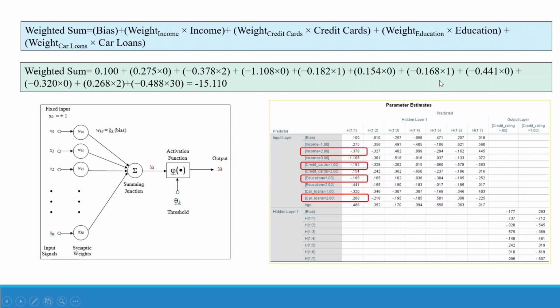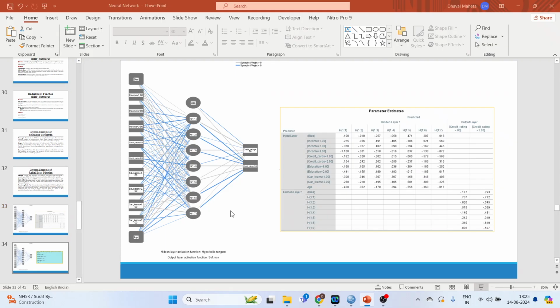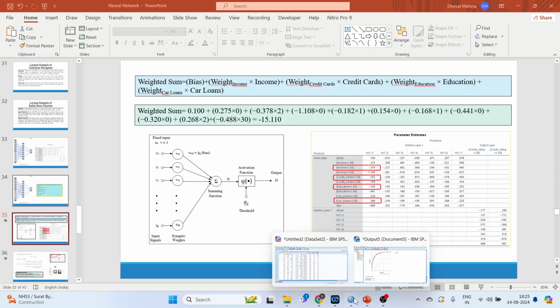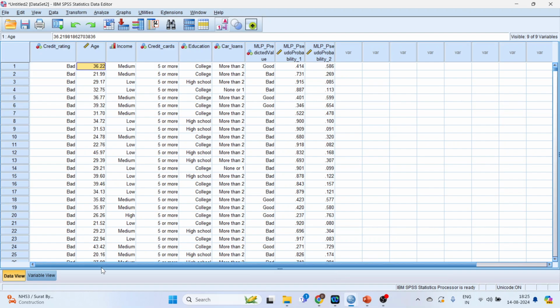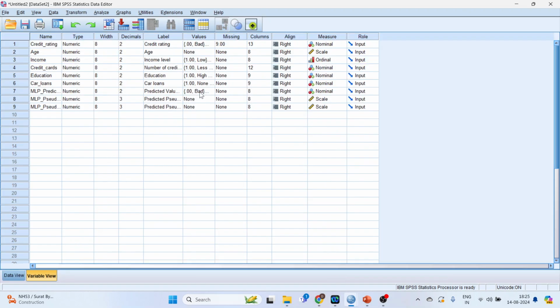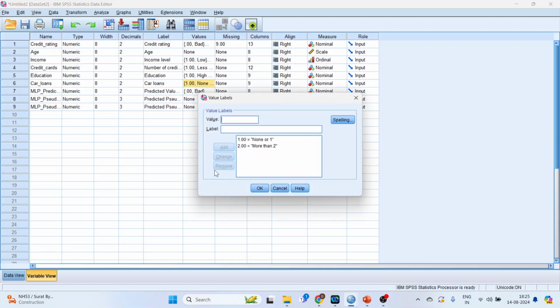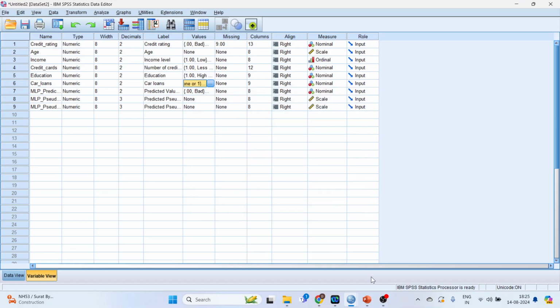Education is 1. Okay, so it is 0, right? Plus minus 0.320 into 0, car loan. The car loan is in 2, so he is having more than how many car loans? If we go into the data view, and here, variable view, car loan. So it is 2. So more than 2 car loans.